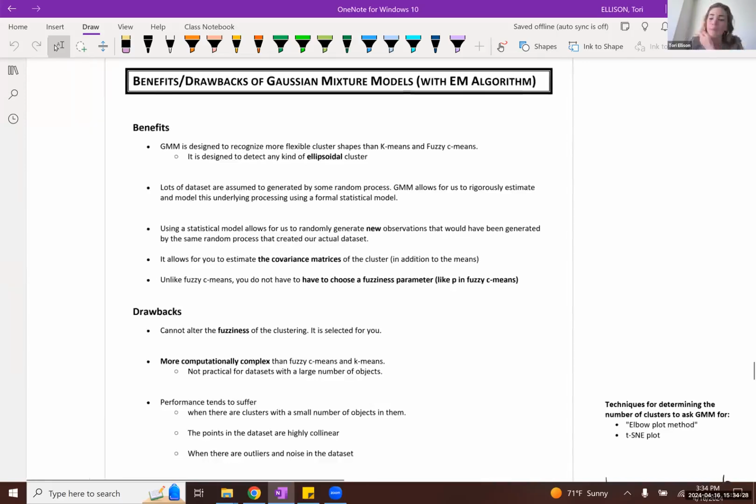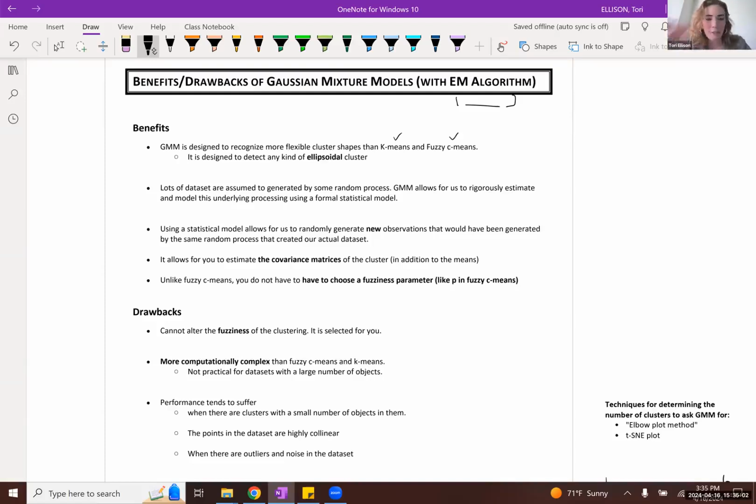Like we mentioned, Gaussian mixture models use the EM algorithm to help us maximize the log likelihood function value of our Gaussian mixture model PDF. The algorithm that we use to attempt to find the optimal solutions to the log likelihood function is actually, as we discussed, a generalization of what we were doing in k-means and fuzzy c-means.